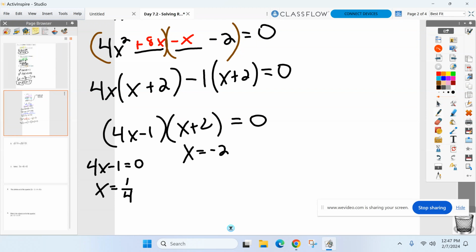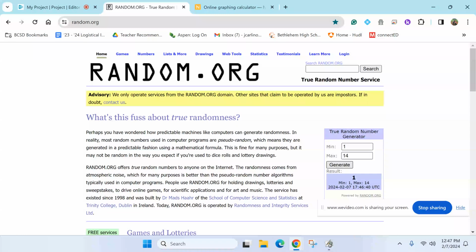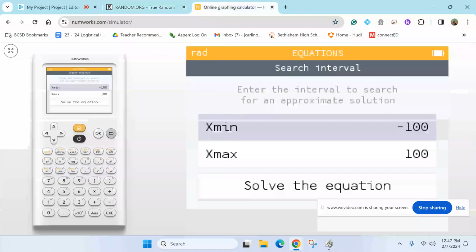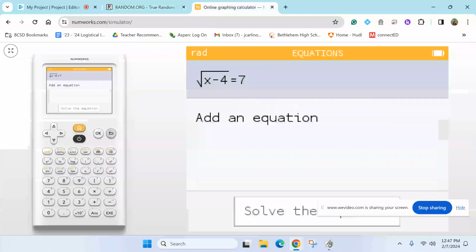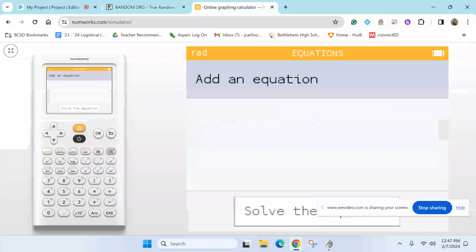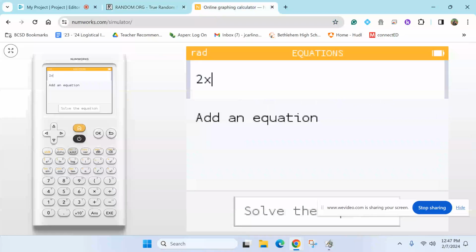All right, go ahead, check it. Do I actually end up with these two? I'm actually going to check this myself. 2x equal to radical x plus 6.